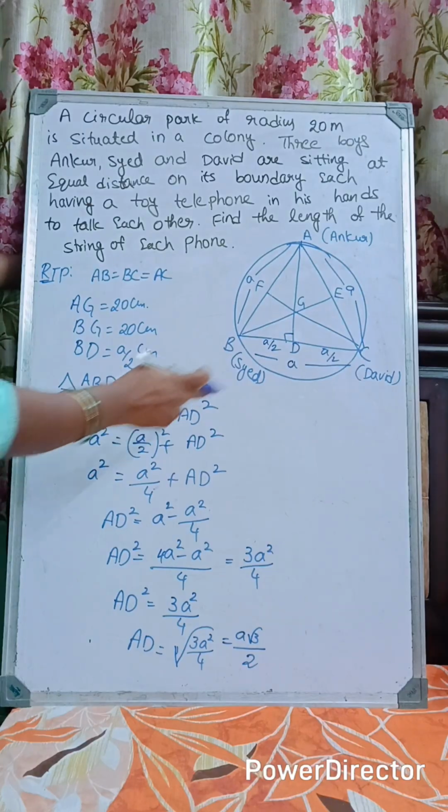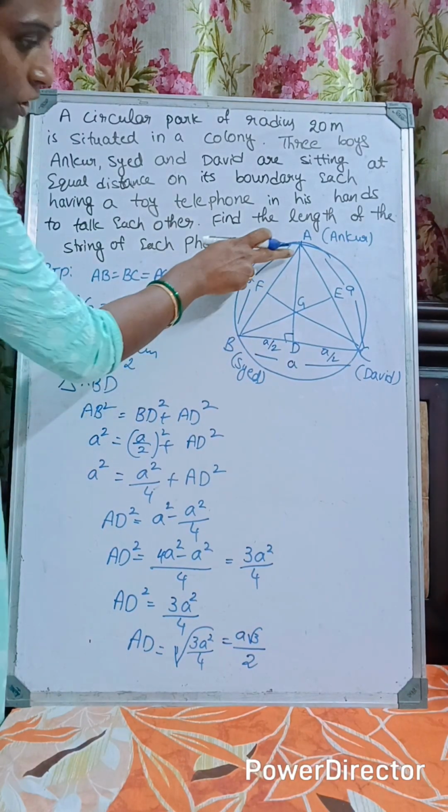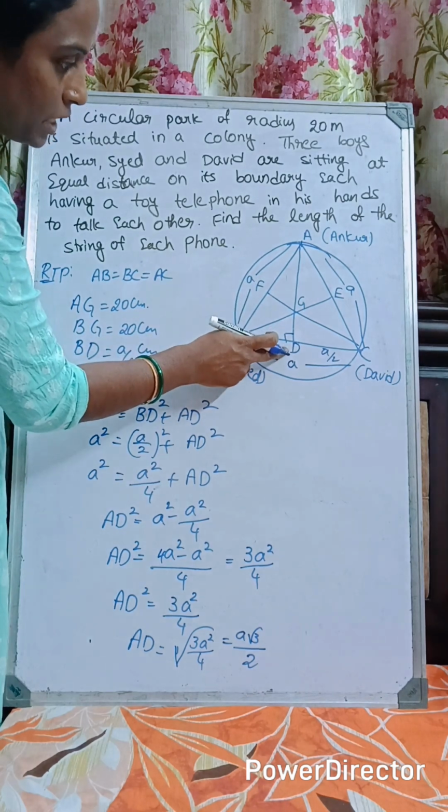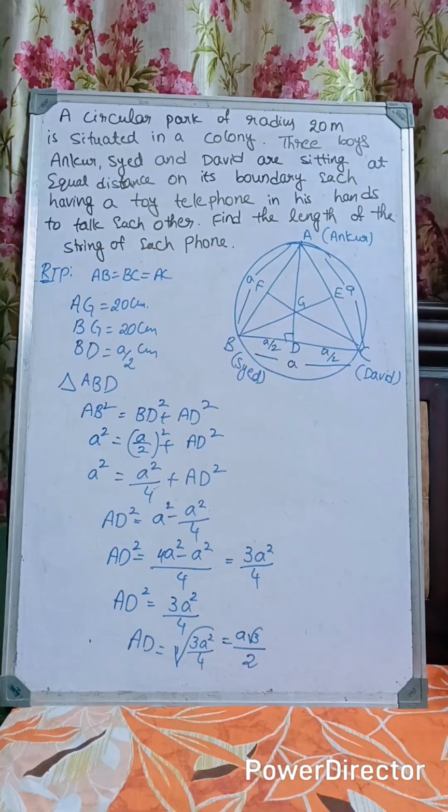Now, if I need GD length, how can I find it? GD length is nothing but AD minus AG.